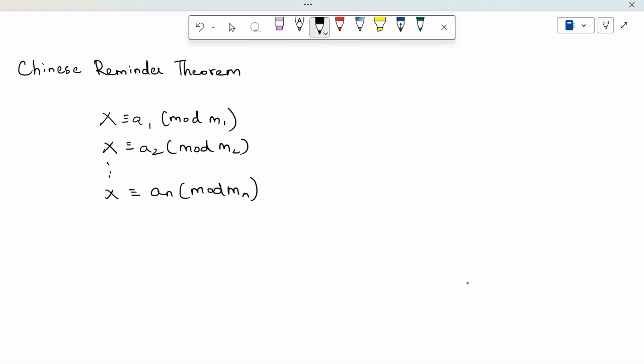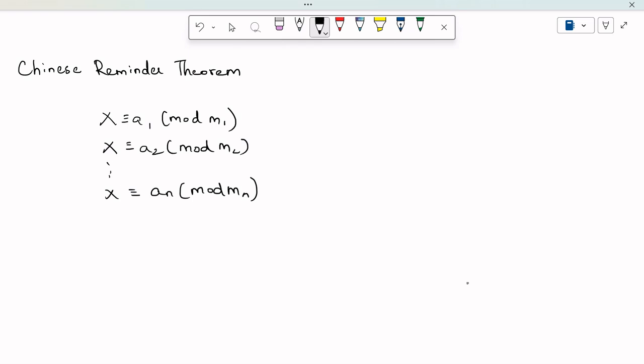So these are the different congruence equations with one variable but different moduli, right? These moduli m1, m2, mn are relatively prime. Then with the help of this Chinese Remainder Theorem, we can find the value of x.